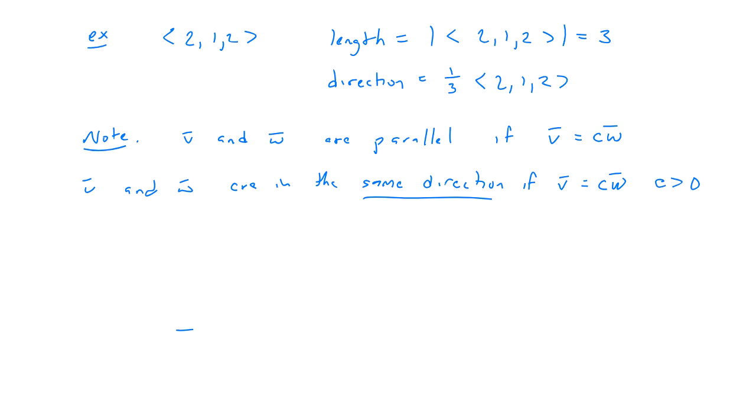So that's 1.2, just what's the length of a vector, what's the direction of a vector, how do you add vectors, how do you multiply by a scalar? In some sense, not too much. So for example, here are 2 vectors.